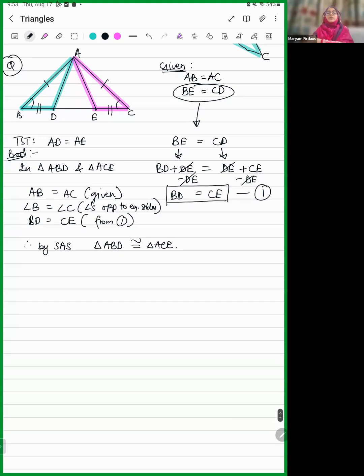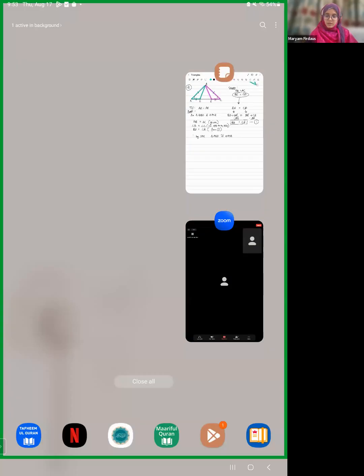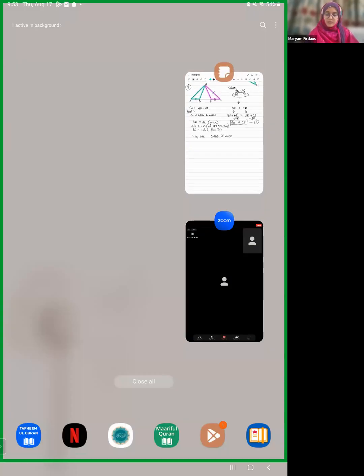One more thing I wanted to ask you guys. For the backup classes that we were having, we had 2 or 3 till now, right? We were doing the first chapter, number systems. What time is suitable for you guys? I think the same time, 5 to 6, 6 to 7.